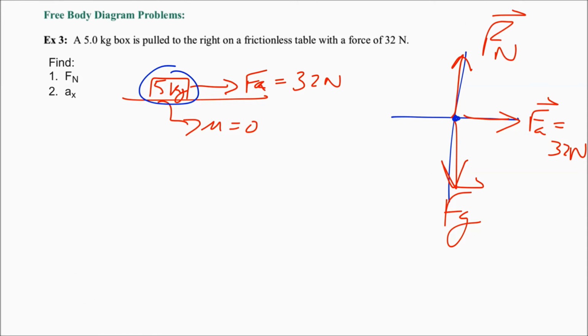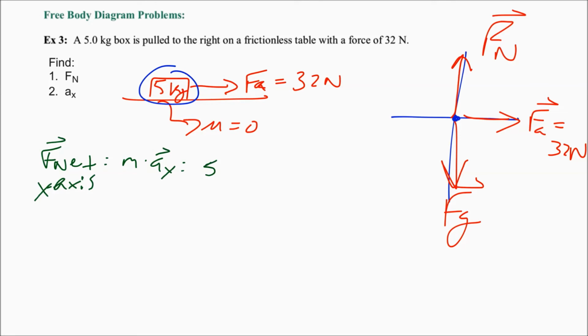Okay, so now to figure out what that acceleration is in the x-axis. Again, same process. We've got the free body diagram, so the next step is to do our F-net statements in the axis that we care about. And so this time it's going to be the x-axis. And that's going to be mass times the acceleration in the x-axis.